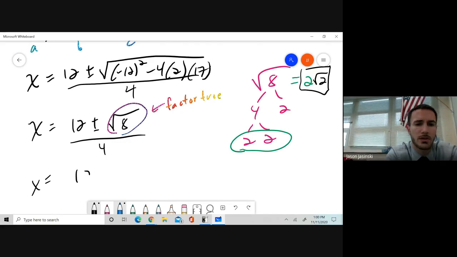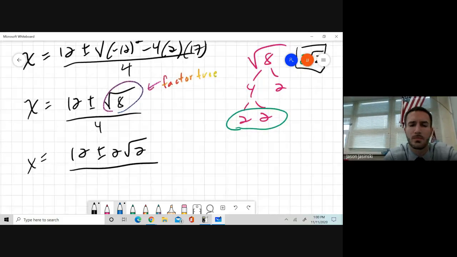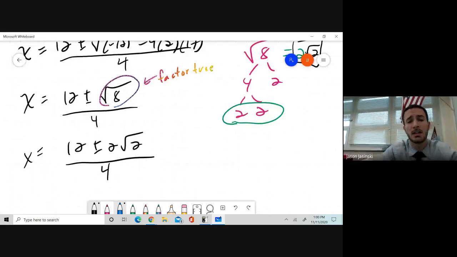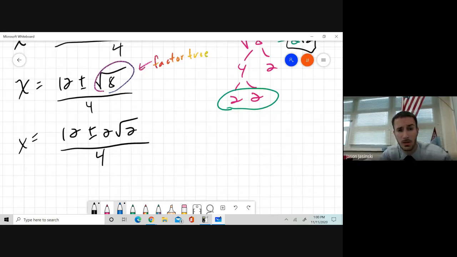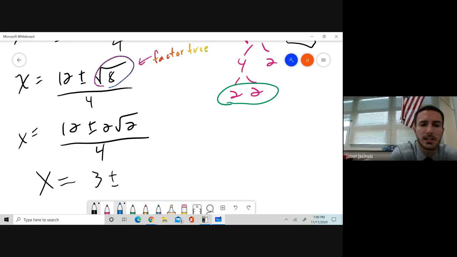So x equals 12 plus or minus 2 radical 2 over 4. All right. Now the last step's pretty simple. You got to take the first term, which is the 12, and the second term, which is the 2 radical 2. 12 divided by 4 would give you 3, plus or minus 2 over 4.